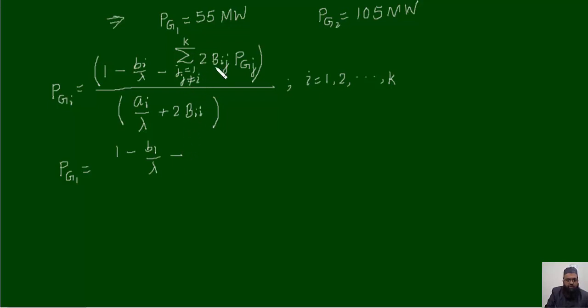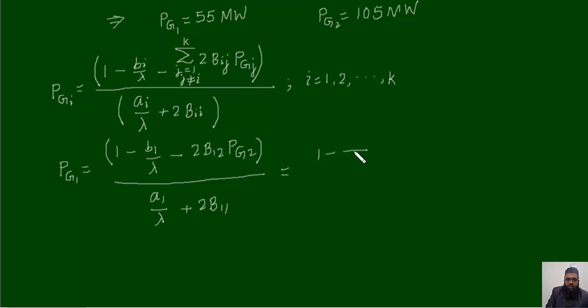So put j equal to 2 here, so this one will be minus 2B12 Pg2, upon A1 upon lambda plus 2B11.